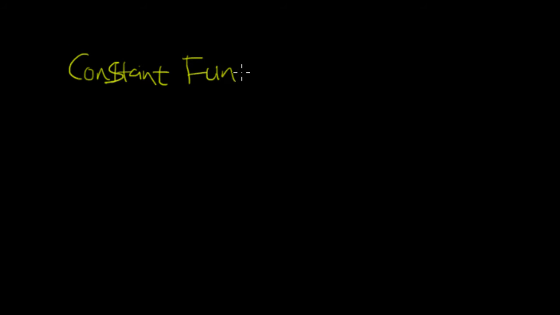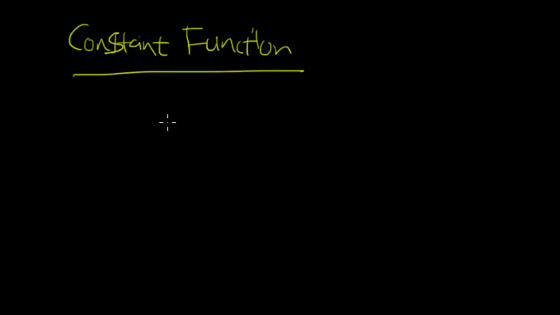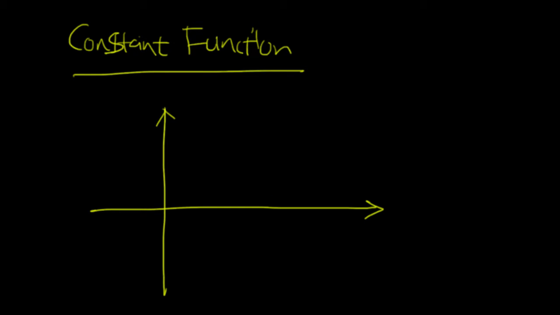Well, if a function is not increasing and not decreasing, then we call that a constant function. It's not that difficult to guess what it looks like. Not going down, not going up, you go parallel to the x-axis.